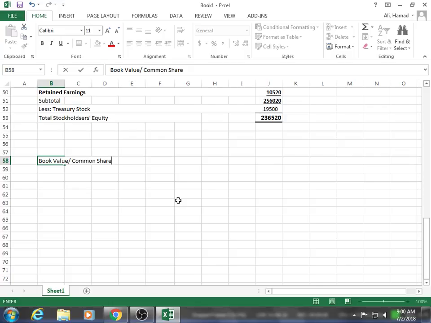So we need to find the book value per preferred share first. We want to give them their equity first, and once you take their equity, everything left belongs to common shares. So let me just say book value per preferred share first.